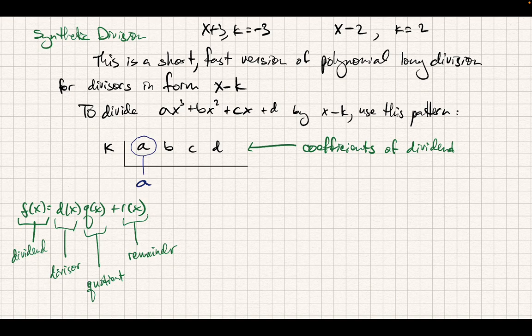And then I've got a diagonal, that's my k times A. Then I bring down something, and then I have a diagonal. Then I bring down something, and then I have a diagonal. The last thing that I bring down is my R, which is my remainder. All the other stuff is your quotient.